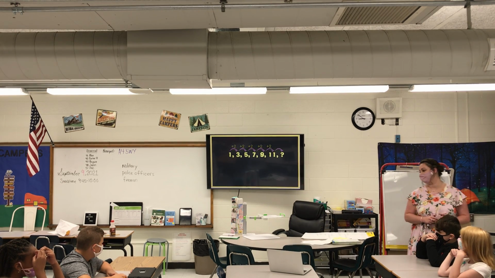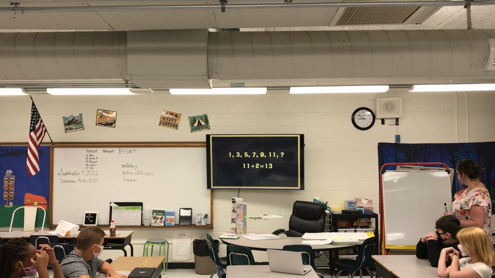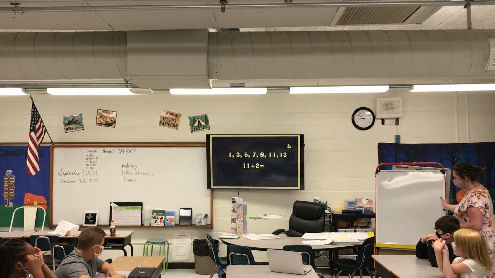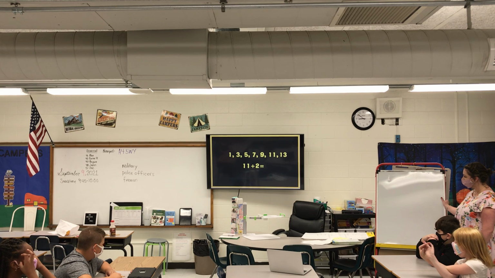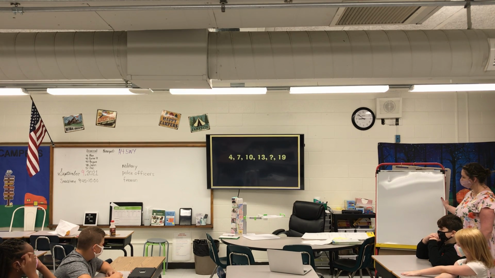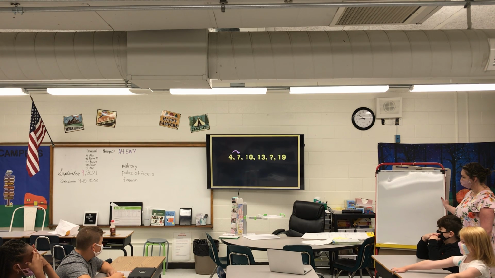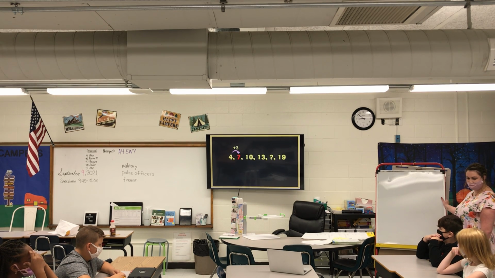Think 2 each time. Next number will be 11 plus 2 is equal to 13. Once you understand the pattern, you can easily write the next digit to complete the pattern. Let's see another example. What do you do to 4 to get to 7? We will add 3 to 4 to get to 7. What's our unknown gonna be?